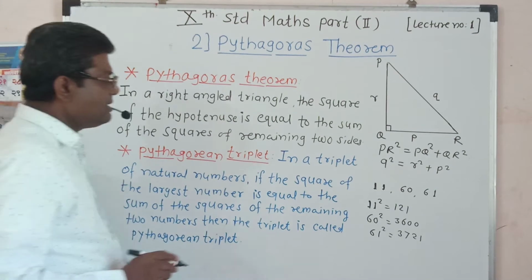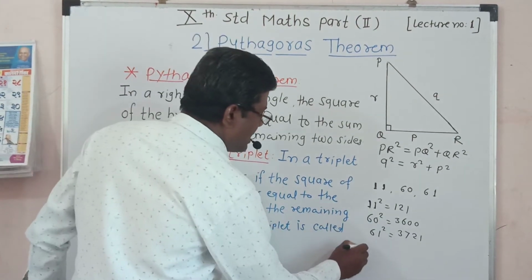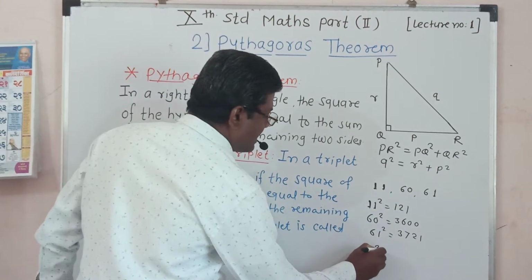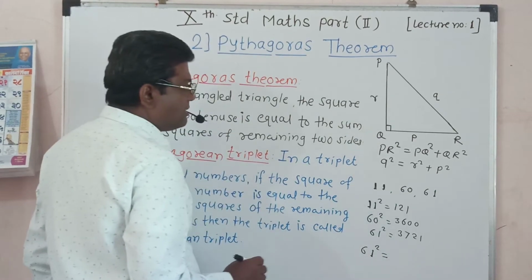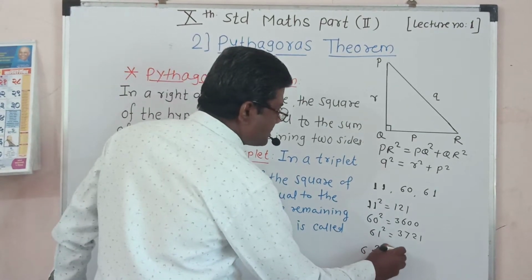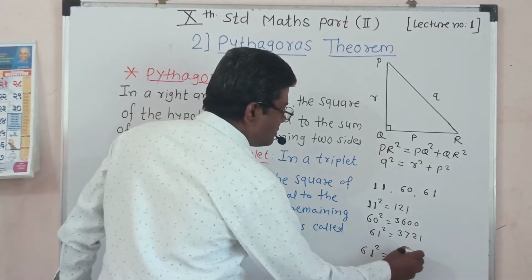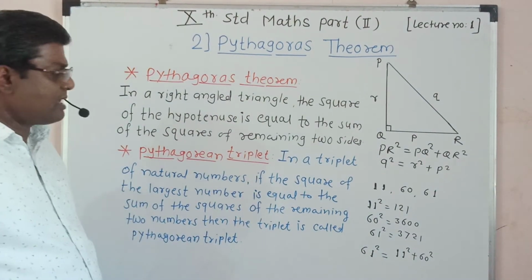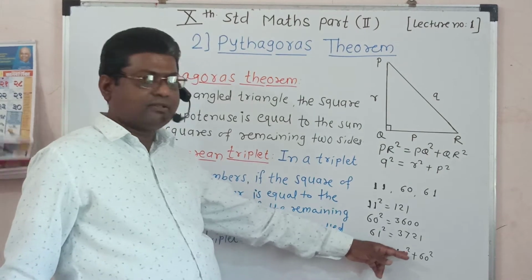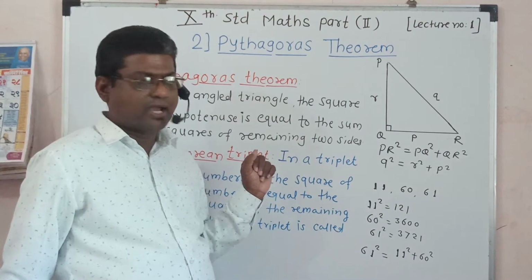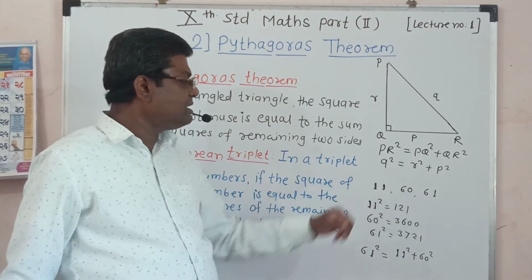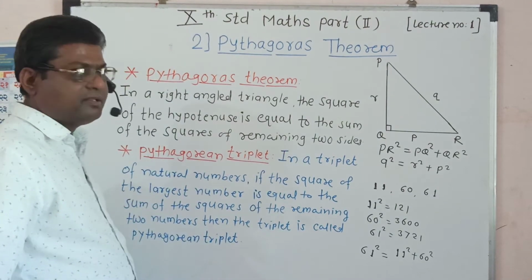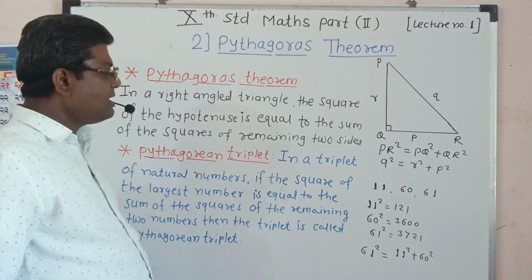From this it is clear that the square of larger number, that is 61 square, is equal to sum of squares of other two numbers, that is 61 square is equal to 11 square plus 60 square. So 11, 60 and 61 is called as a Pythagorean triplet.